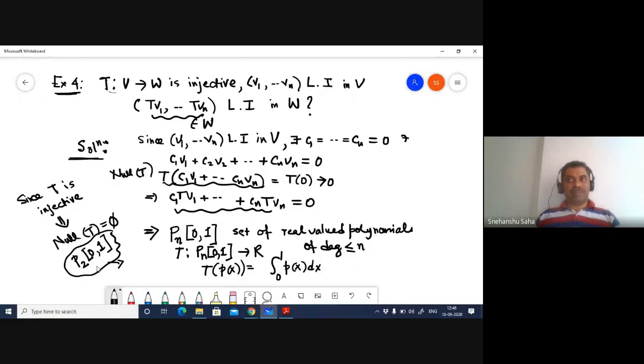Do you have an answer? Forget about Pn, just think about P2. What sort of basis vectors, intuitively speaking, can you cook up so that you can represent any polynomial in this space?